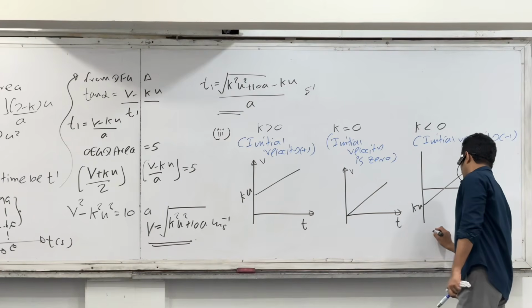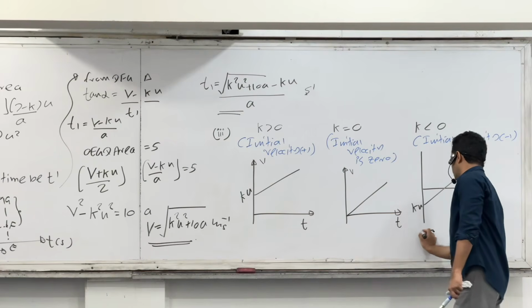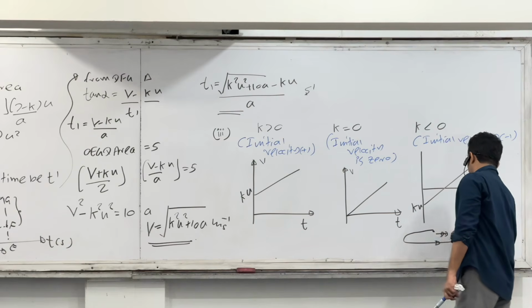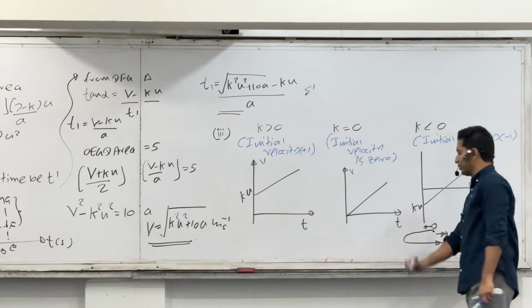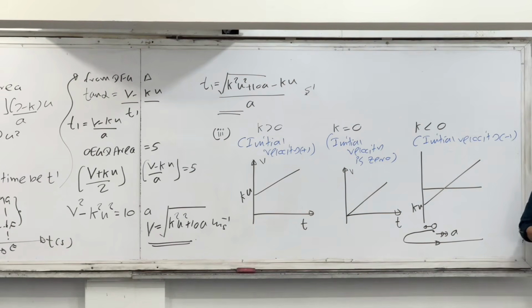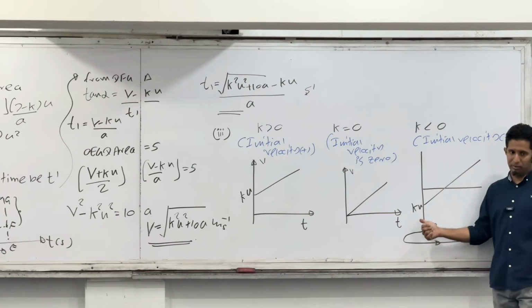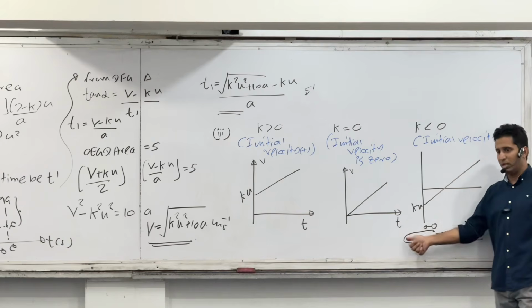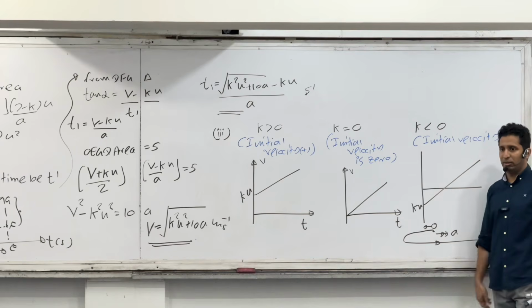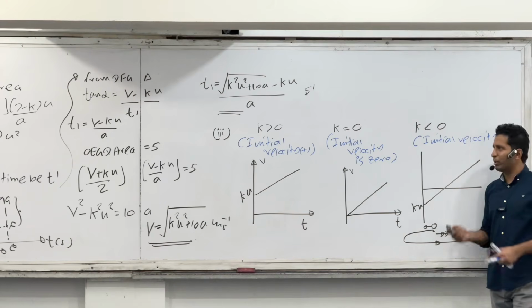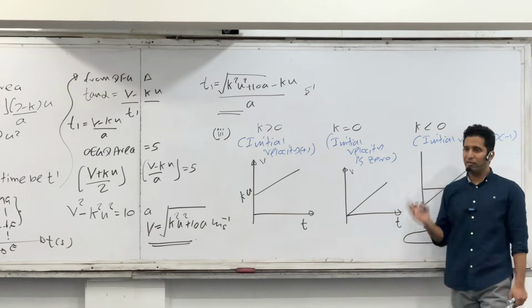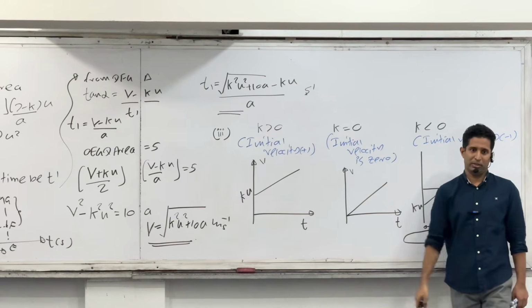The acceleration is in this direction, but the initial velocity is in the opposite direction. It comes to rest, but again it comes forward. The same thing happens when you project something upward. If you take upward as negative, the initial velocity is here, but the acceleration is downward.